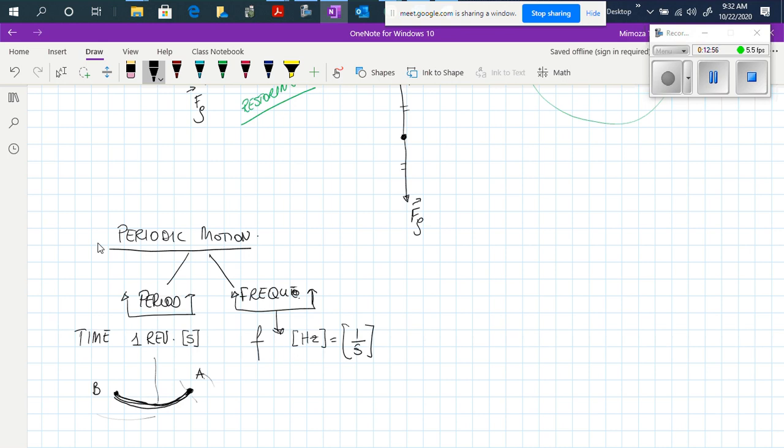The letter we use for the period is T. The relationship between the period and the frequency is that they are inverses of each other. So the period is equal to 1/f, or you can say f is equal to 1/T. You have this formula on your formula sheet. Can you please check it?